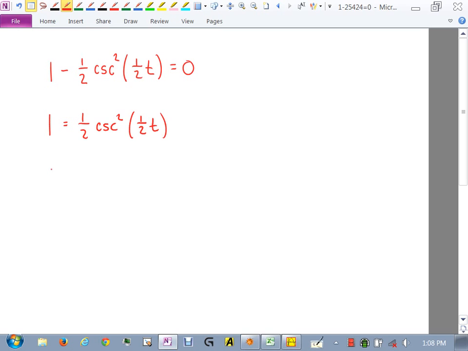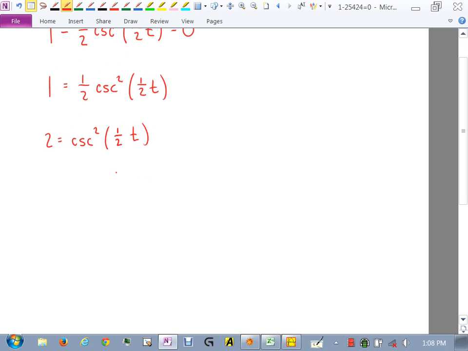Trying to isolate the trig function. Let's get rid of the squared by taking the square root on both sides. When I take the square root of the left side, I have to do plus or minus. You all right with this? Any questions?